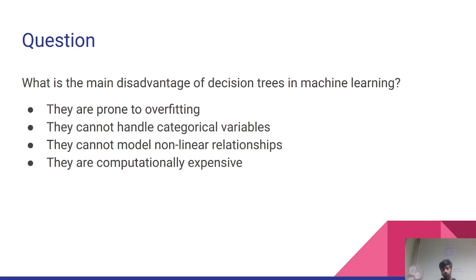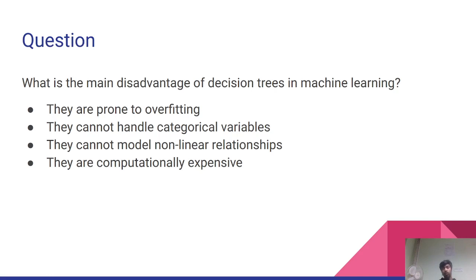Computationally expensive? Okay, so decision trees are not really that computationally expensive. Yes, if the number of input variables, the number of features, is too large, then it can become a very long tree.